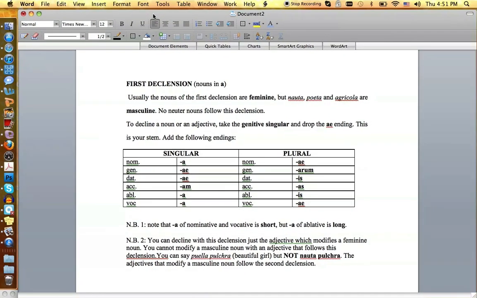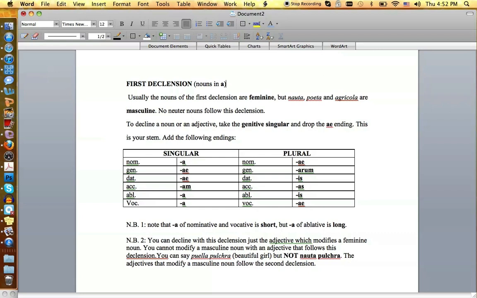Okay, if you have memorized the sequence of the cases, nominative, genitive, dative, accusative, ablative, and vocative, in this order, the order is very important, you are ready to start studying the declensions.